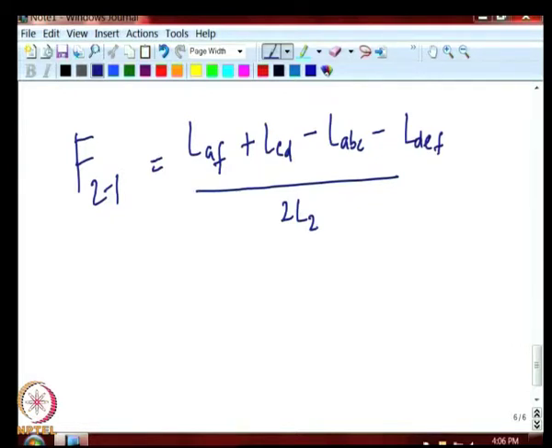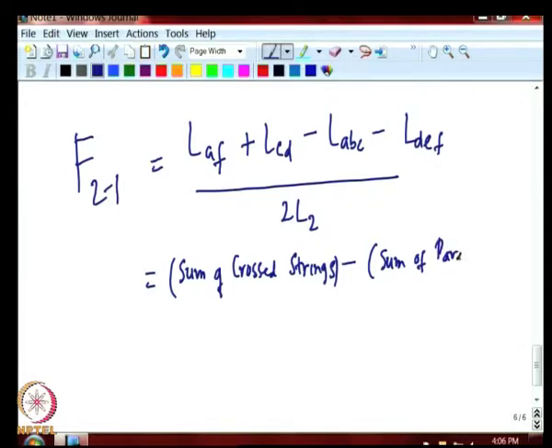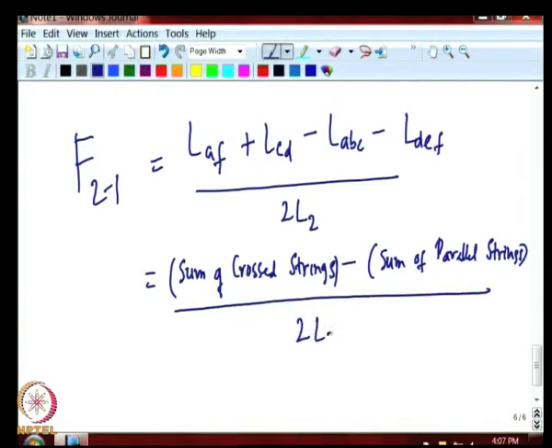Now, the best way to remember the result is that it is the sum of crossed strings minus sum of parallel strings divided by 2 L2.